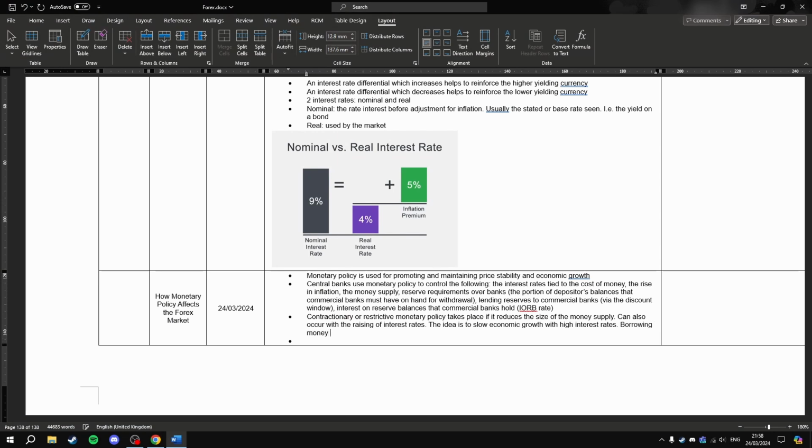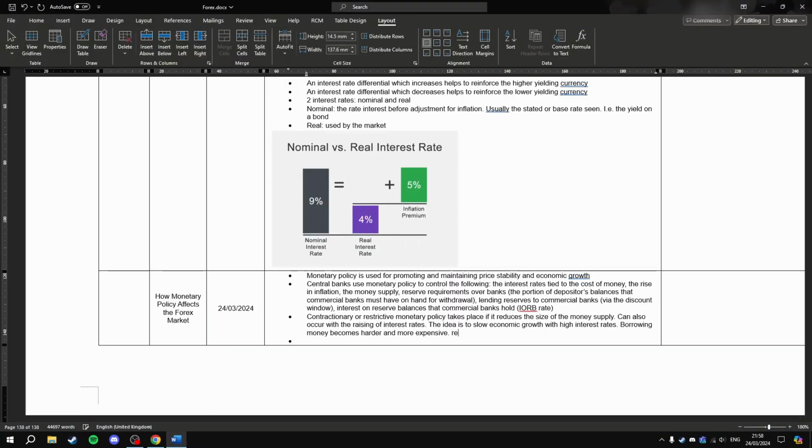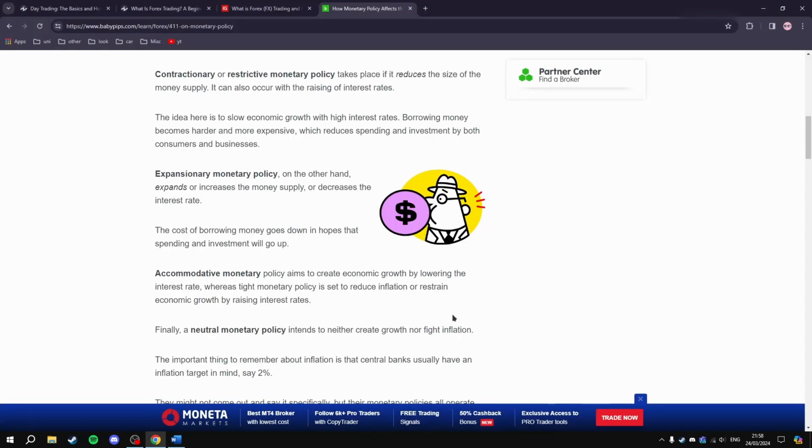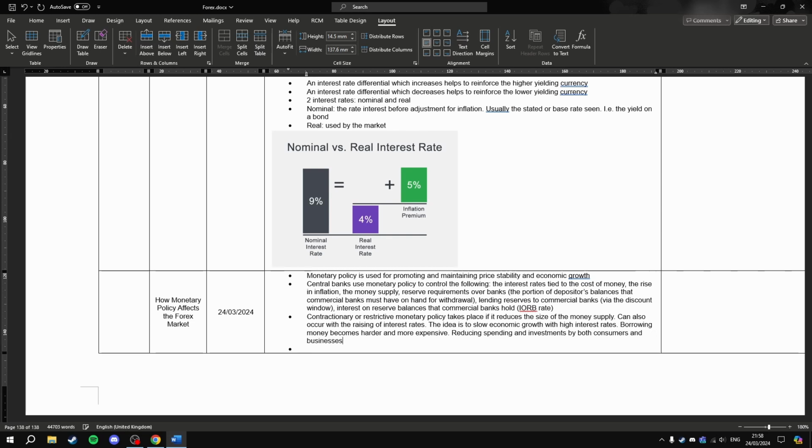Borrowing money becomes harder and more expensive, reducing spending and investments by both consumers and businesses.